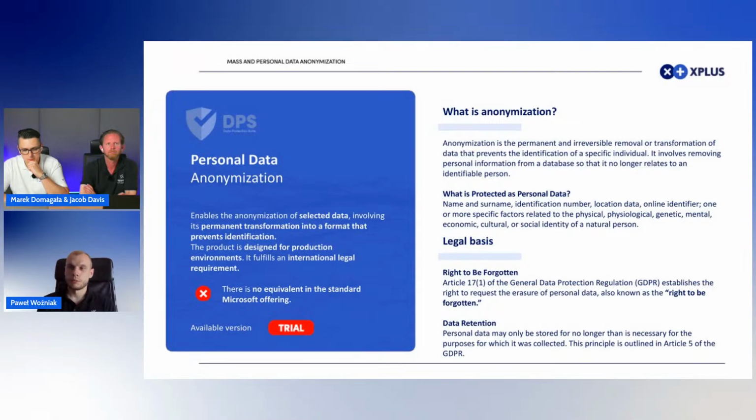So anonymization allows us to anonymize this kind of data based on the request from our customer, or maybe a former employee as well. This way, we won't be able to go back to the original value, but the data is still not removed. It is just anonymized on our production database.